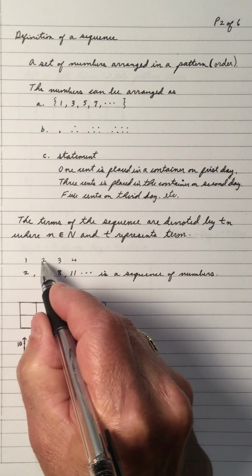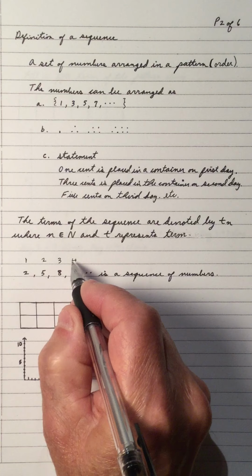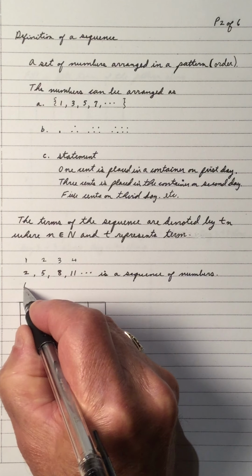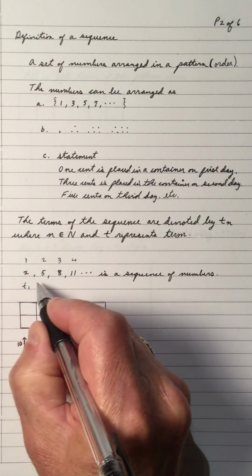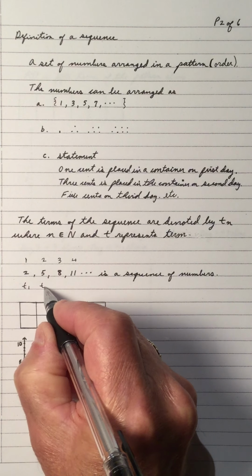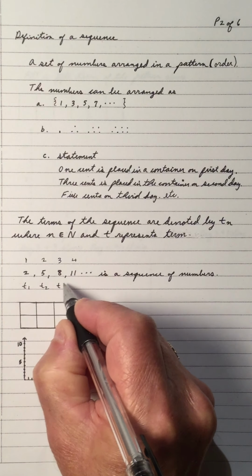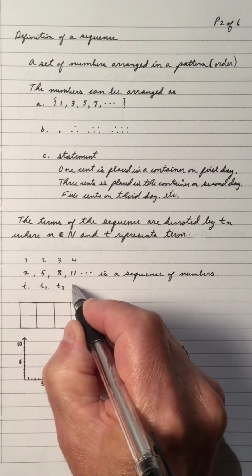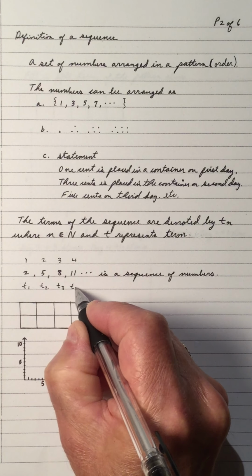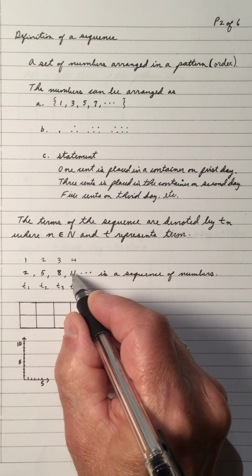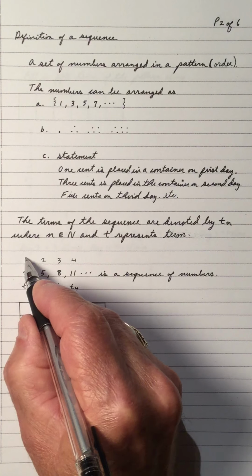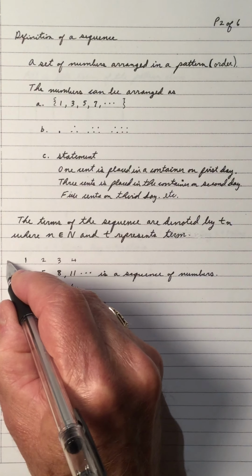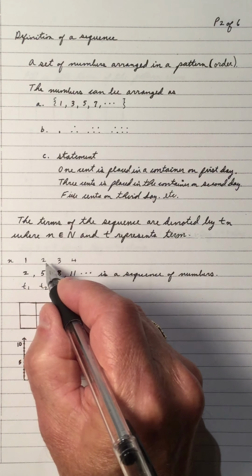This is term 1, term 2, term 3, term 4. And this is what we call: 2 is term 1, 5 is term 2, 8 is term 3, and T4 is term 11.